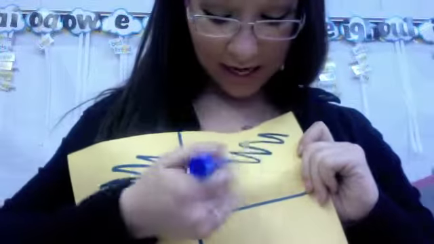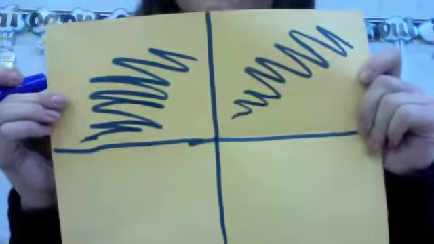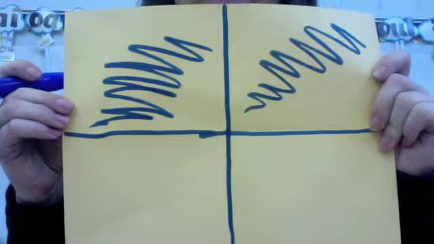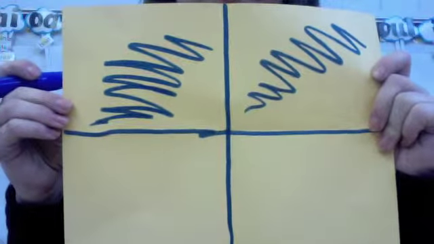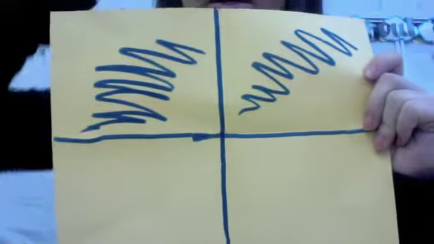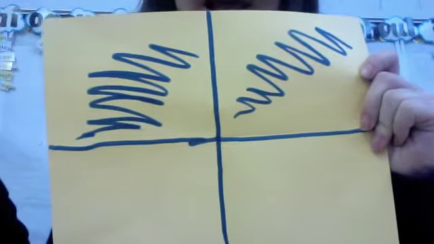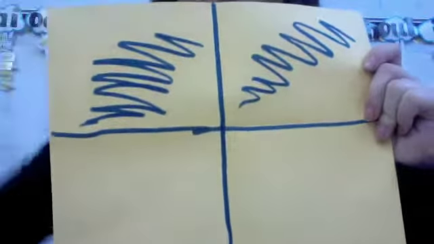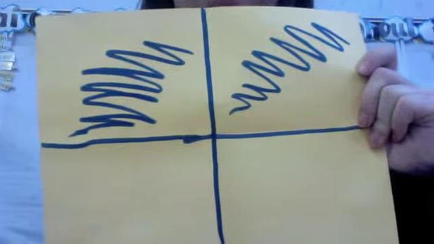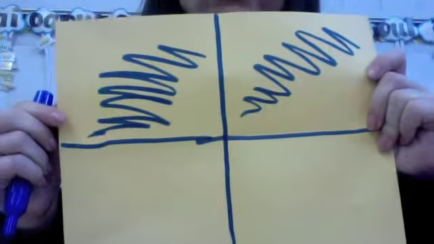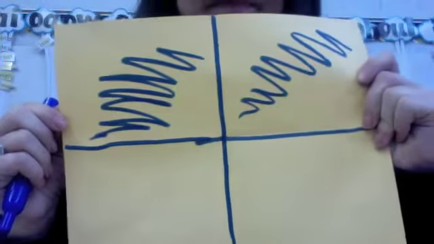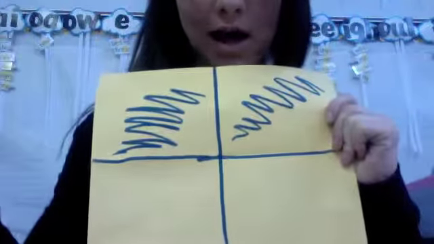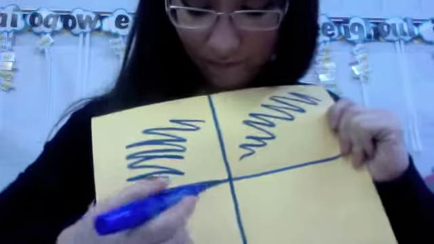Now, if I shade in another piece, how many do I have shaded in? 2. 1, 2 shaded in out of 1, 2, 3, 4 equal parts. We call this 2/4. Now I want to shade in another one.